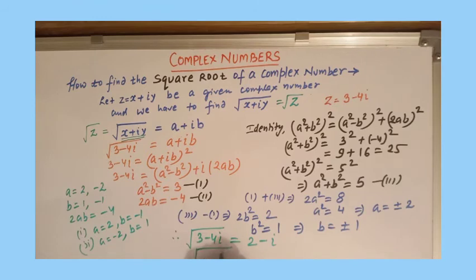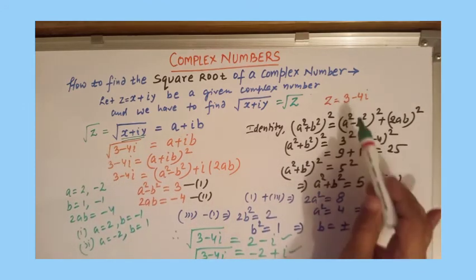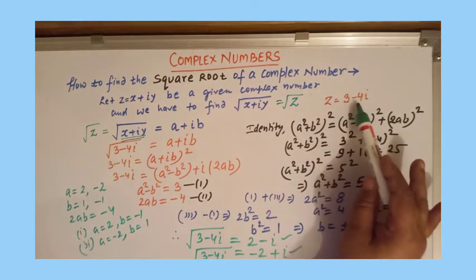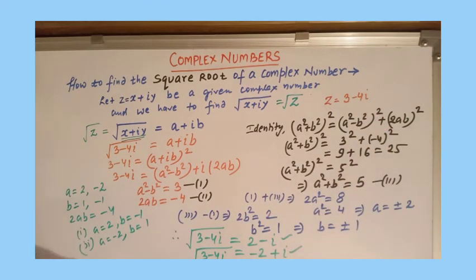And if I take the second pair, then we have minus 2 plus i. So these are the square roots of the complex number 3 minus 4i.